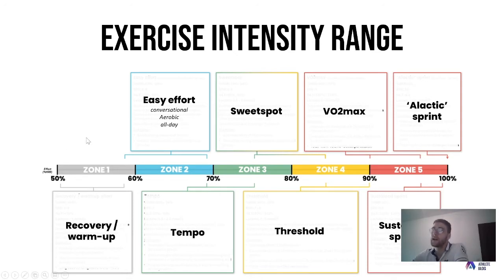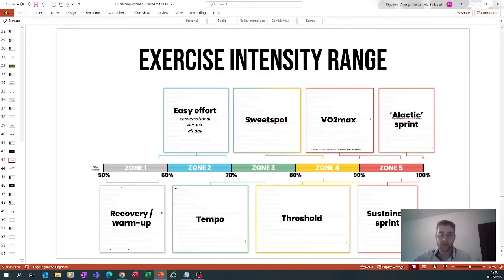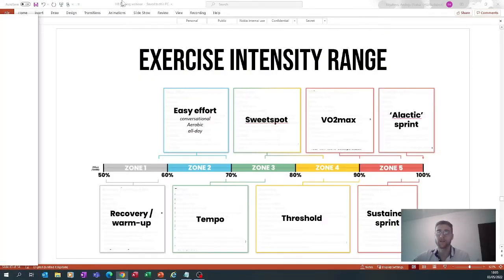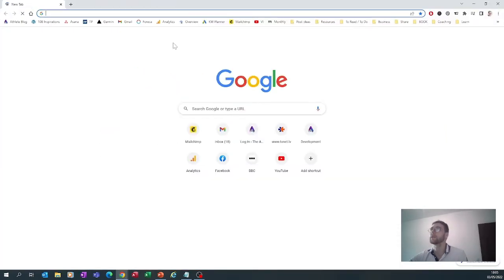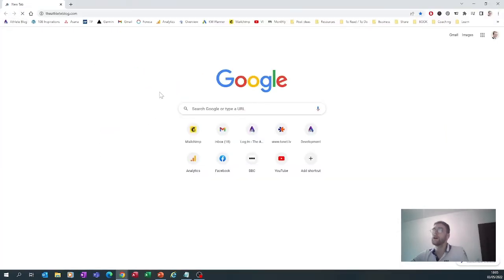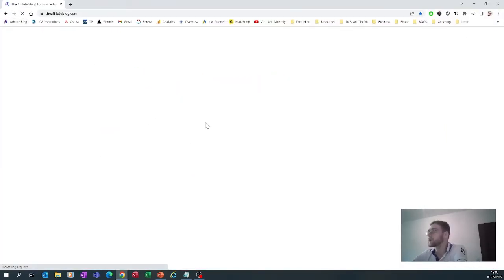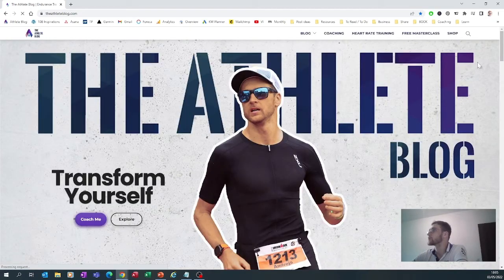So we have the heart rate zones, and based on the Karvonen formula, the heart rate zones come as a range. One range is 50 to 60%, another range is 60 to 70, 70 to 80, 80 to 90, 90 to 100. And what you can do is, I have a calculator on my blog. I will show you. I will also send it in the link afterwards.